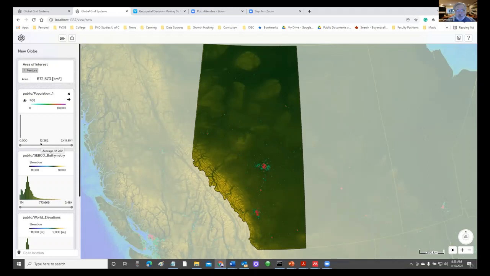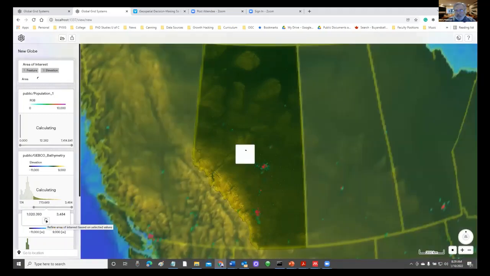And we also have this ability to sub-select with a DGGS. So let's say I wanted to find out how many people live above 1,000-meter elevation in the province. So I could set a distribution on the elevation.